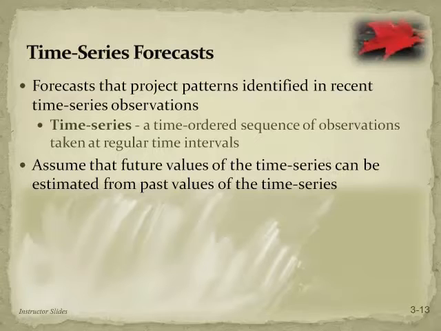So if I'm going to be using quantitative data, I need to have a time series. The definition of a time series is a time-ordered sequence of observations at regular time periods. So it's time ordered, so it's increasing in time.